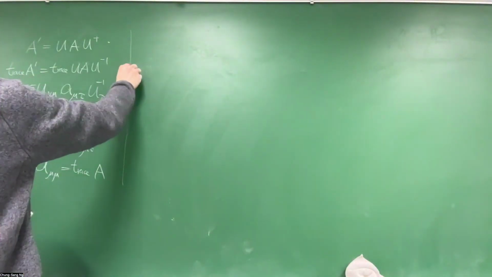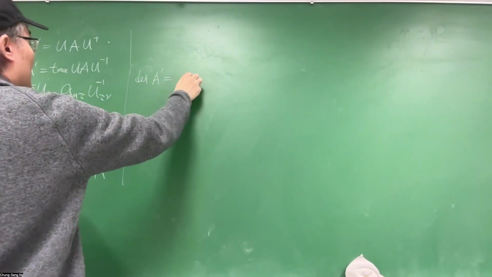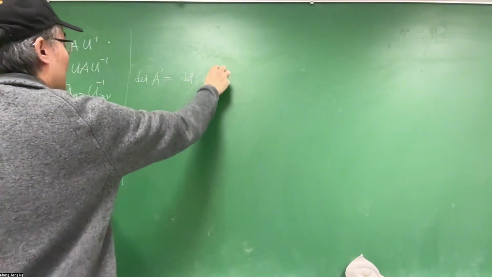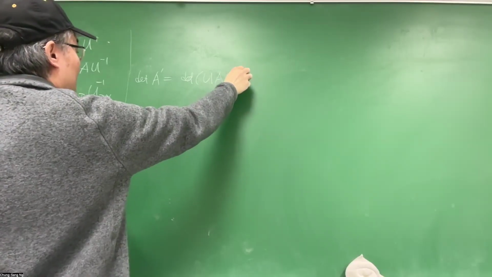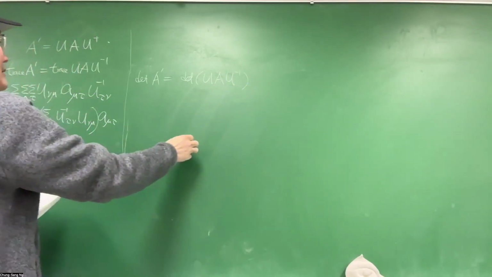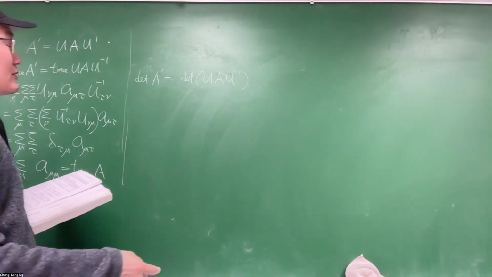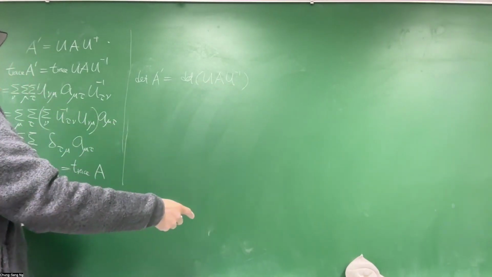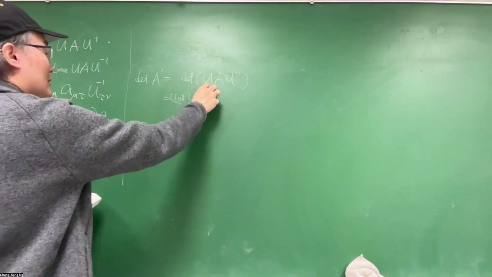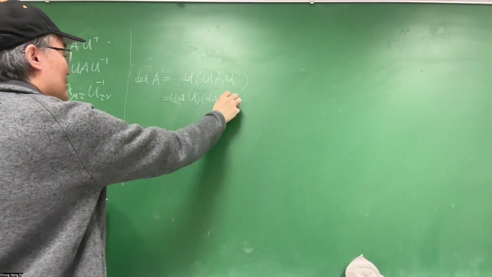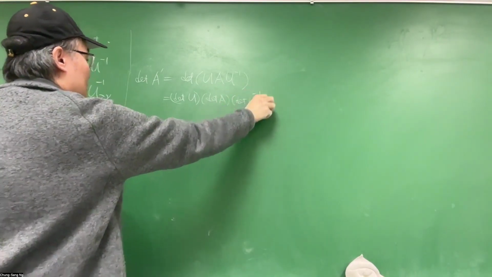Using the same A, the determinant of A prime is the determinant of U A U inverse, where U dagger is just U inverse. By the way you take the determinant of a product of square matrices, this is the determinant of U multiplied by the determinant of A multiplied by the determinant of U inverse.